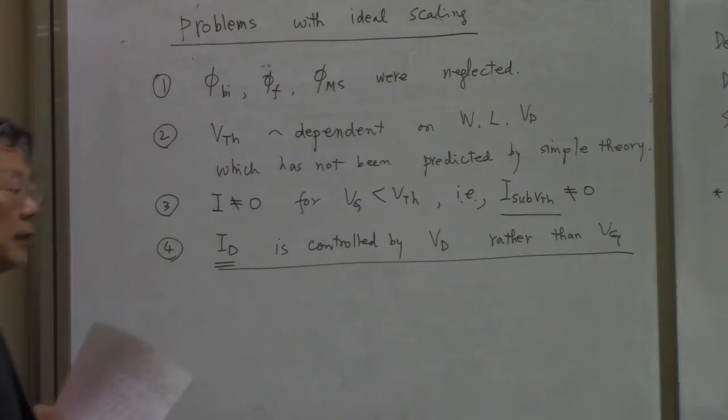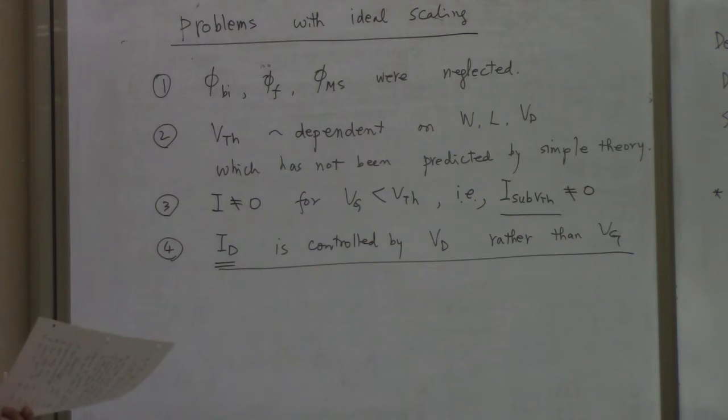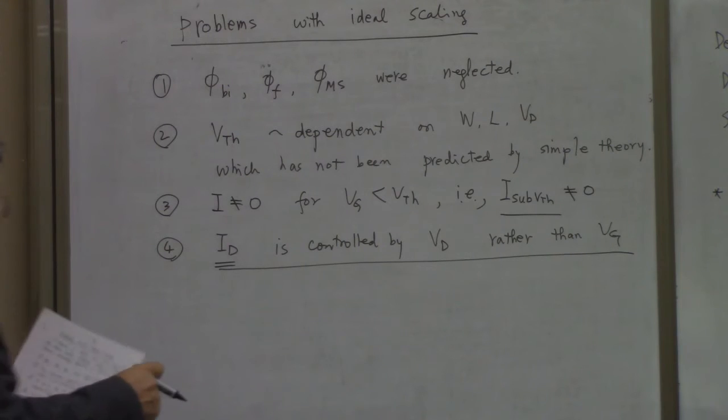Okay, it means that when you scale down the device, now VD is more important to control the current between source and drain rather than the gate voltage. It used to be the gate voltage that controls the current between source and drain, but when you scale down the device, now the VD becomes more important than the VG. Okay.